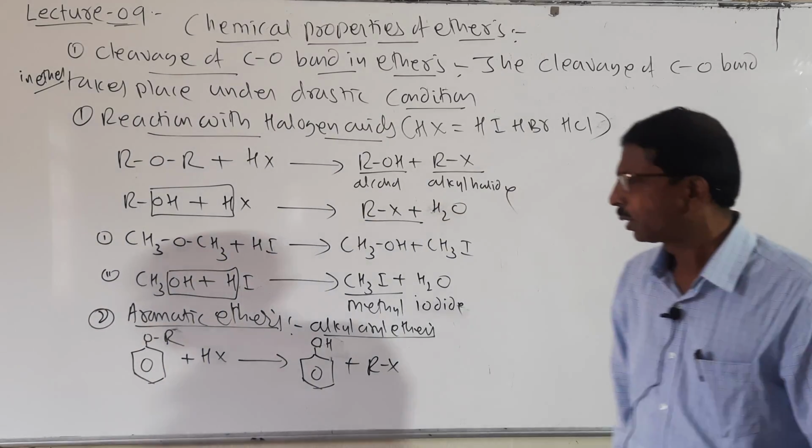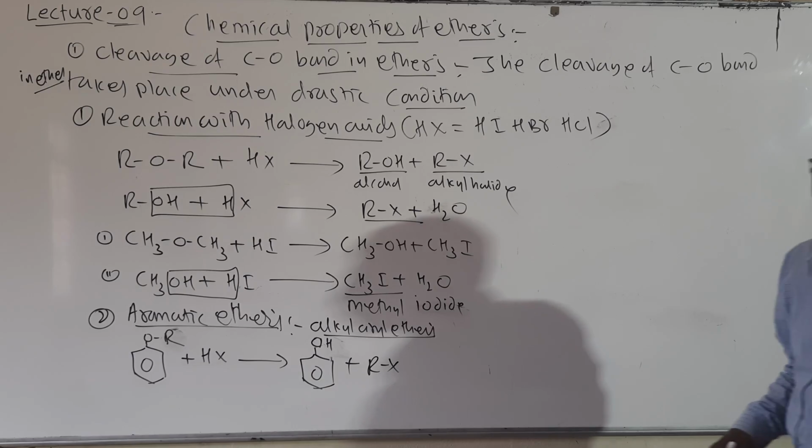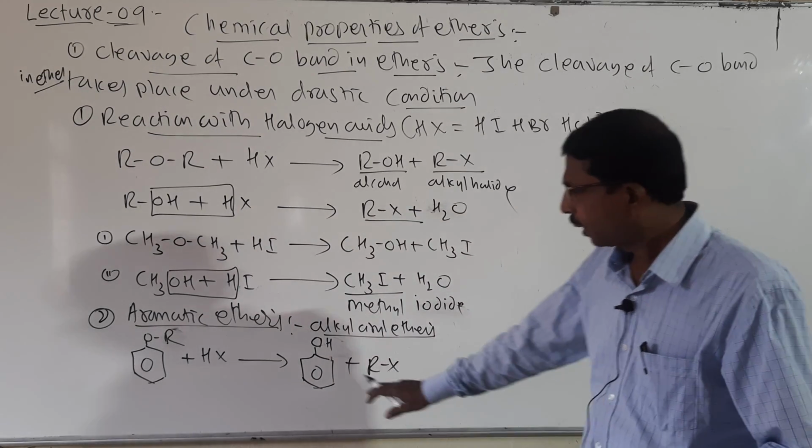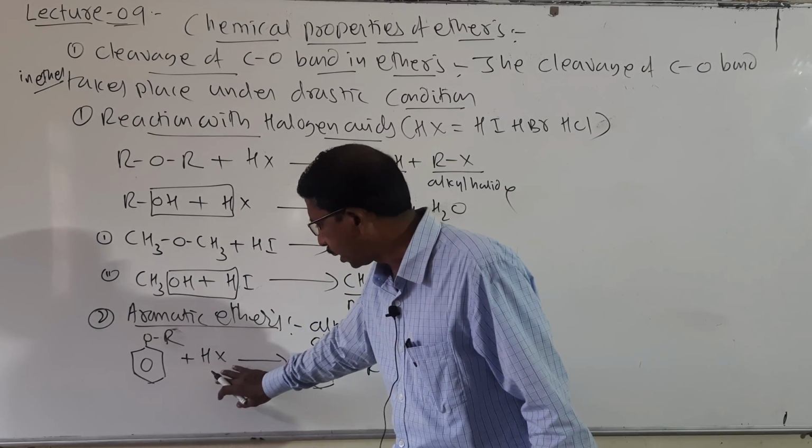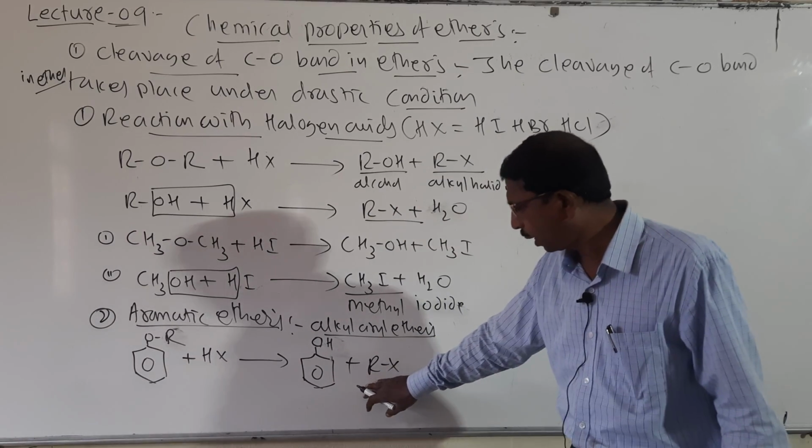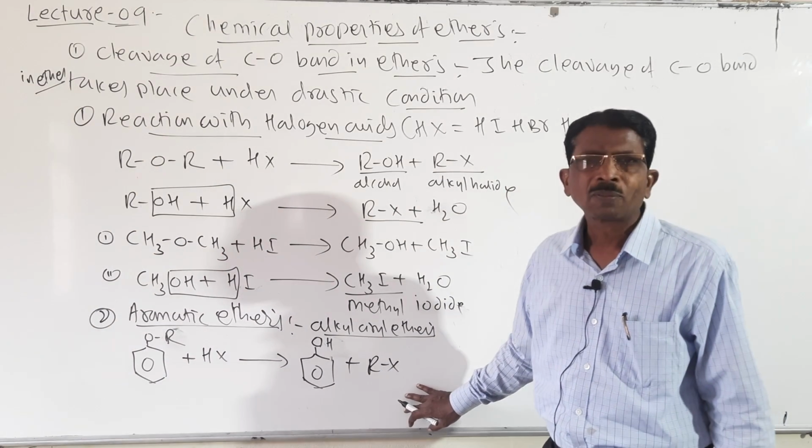So when an aromatic ether is treated with hydrogen halide, it gives phenol and an alkyl halide.